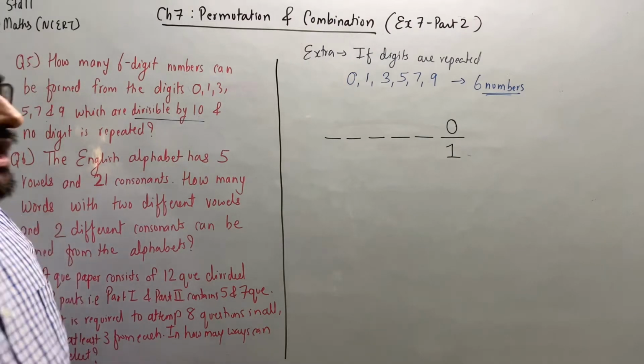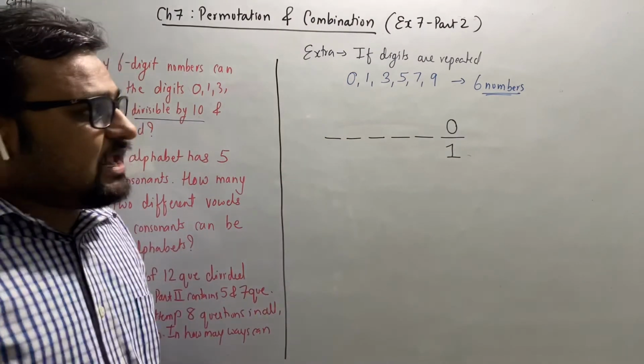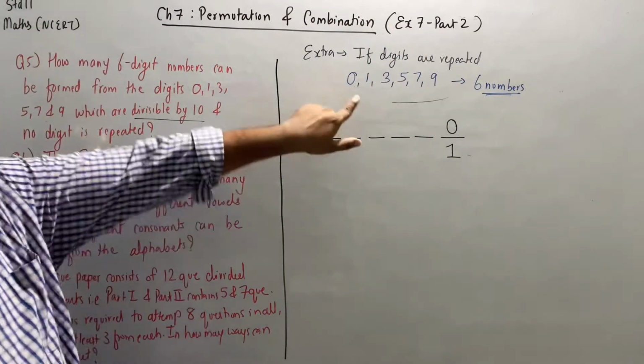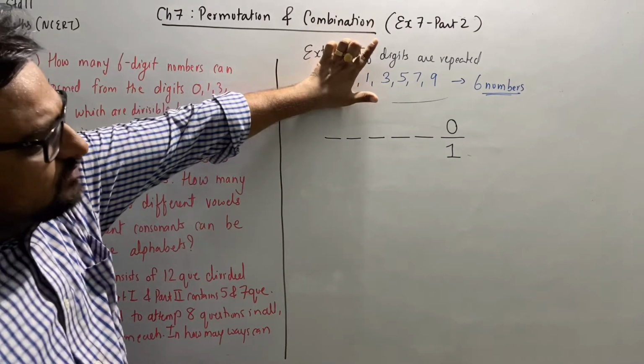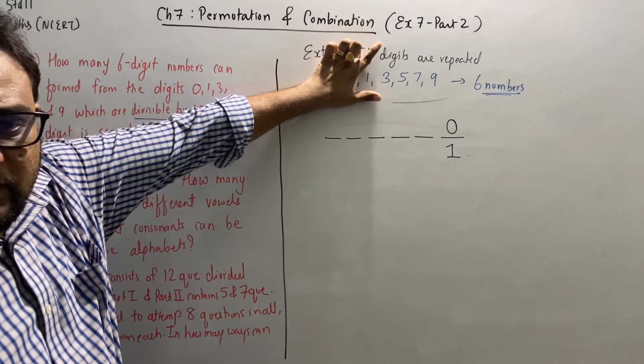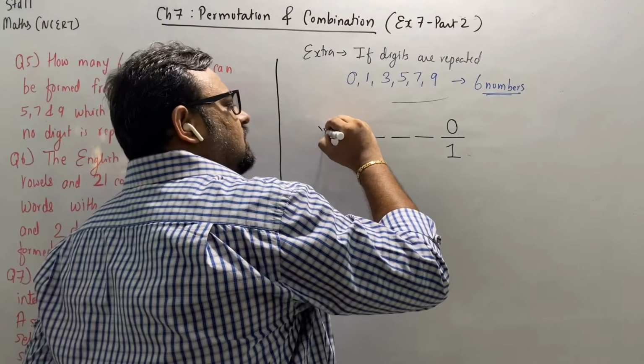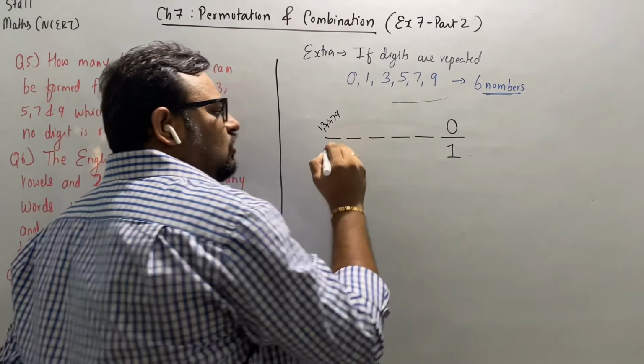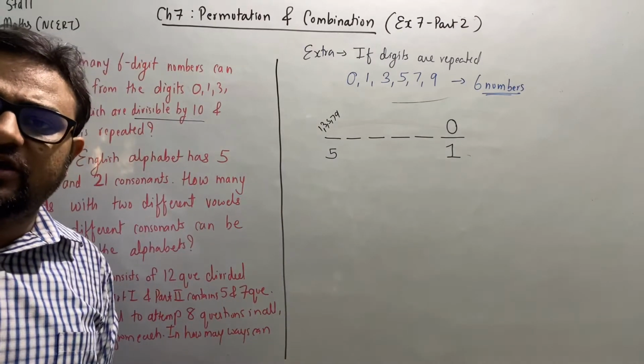Clear? But now here I can put the remaining numbers. No, I can't put 0. Apart from 0, I can put all these numbers. So 1, 3, 5, 7, 9. All the five numbers I can put here.